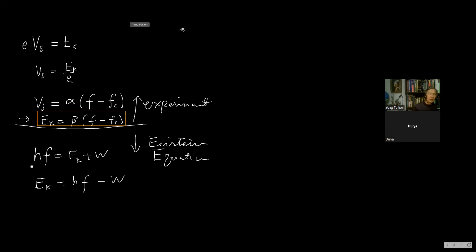This is a formula derived by Einstein. Can we make some conclusion by comparing these two equations? So what is beta? Yeah, beta is the Planck constant. So what is beta times the cutoff frequency equal to? W.